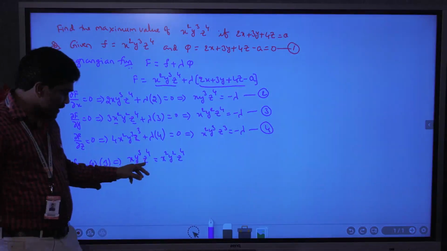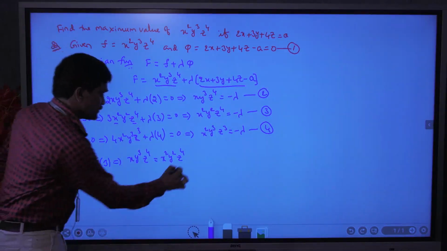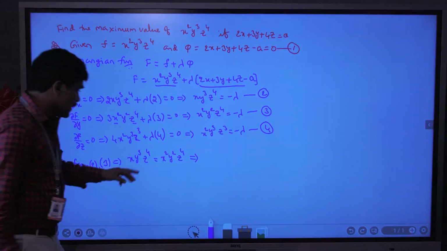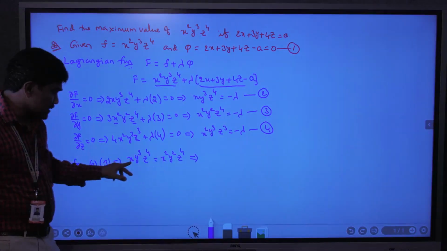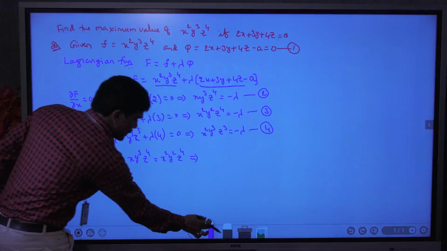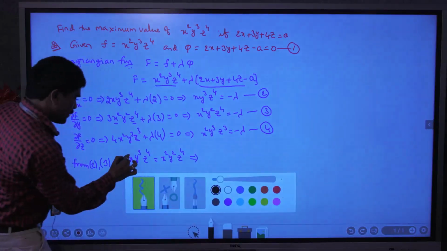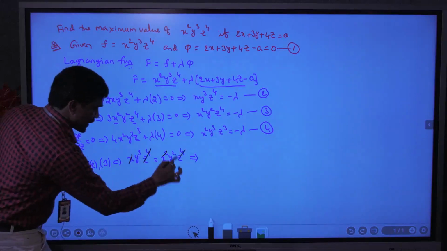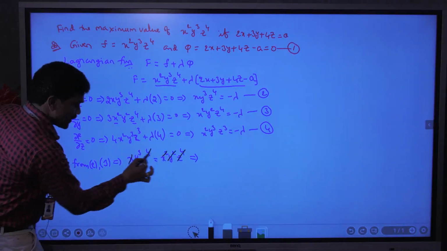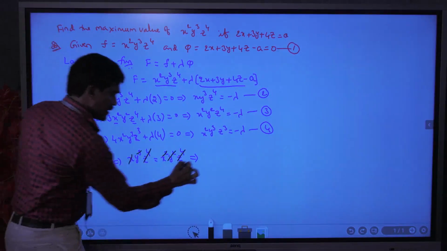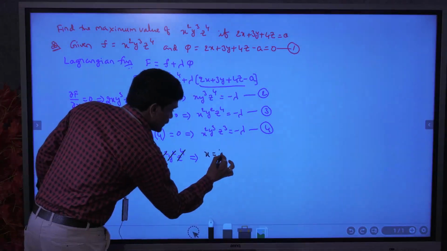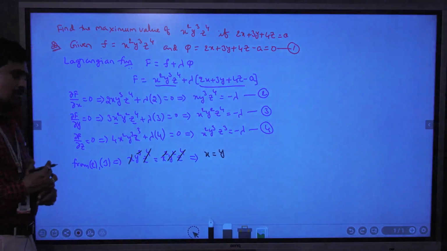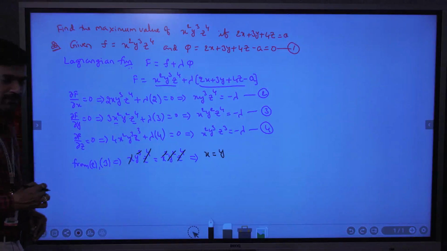See here, on both sides z power 4 is cancelled, one x cancels, and y square cancels. So finally we get x is equal to y. From 2 and 3 we get x is equal to y.